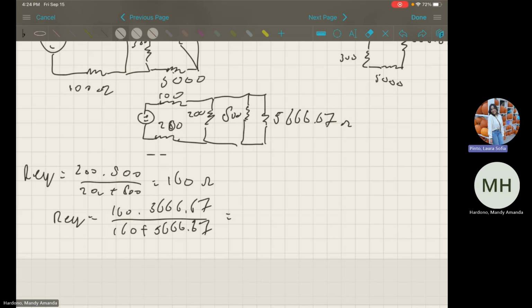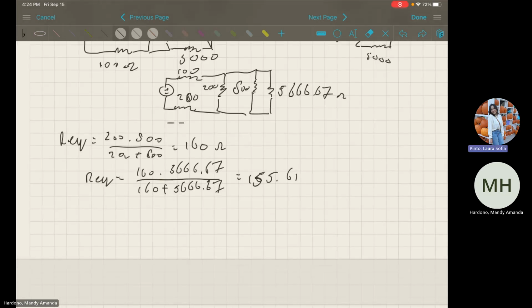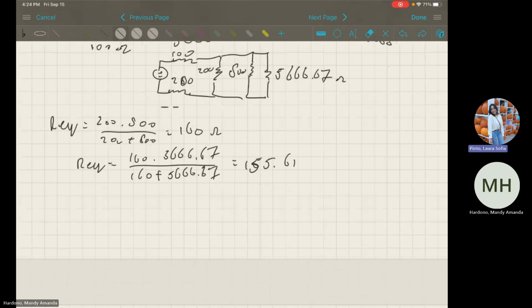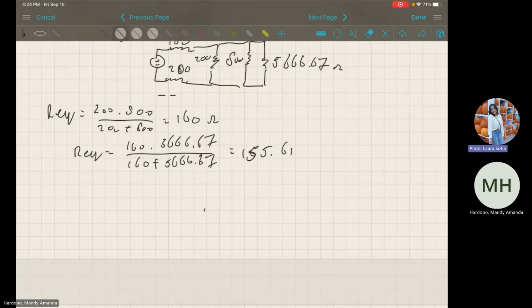And this would then be a resistance value of 155.61. So you can then redraw the circuit and you would get something that looks like this.